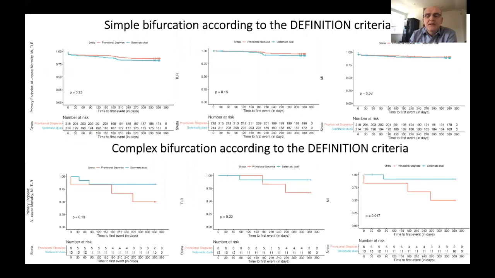So that's an interesting finding, that in the EBC Main trial, those patients who fulfilled the definition criteria, there is a trend towards an improved outcome with a two-stent approach.